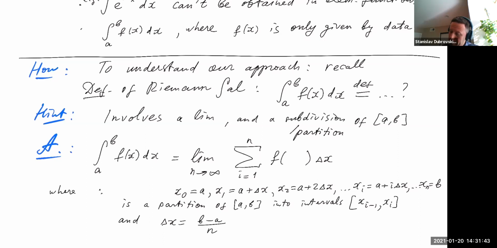So we will take f of x sub i superstar. So that is not one of the xi's, but xi superstar is some point inside x sub i minus 1 to x sub i, inside that subdivision.